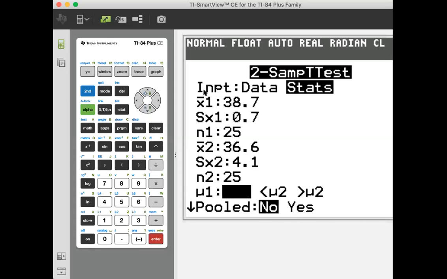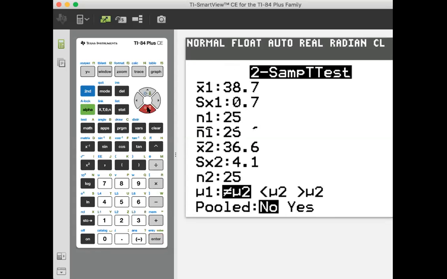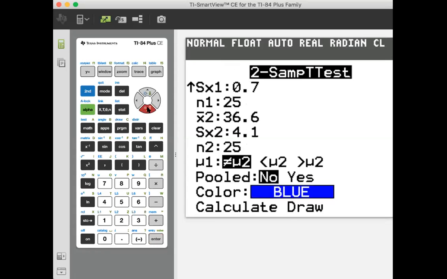They're the same, which means the difference is 0. And in all of our problems using two samples here, the assumed value of mu1 minus mu2 is equal to 0. So since it's always 0, it doesn't have to ask for that value. It assumes that it's going to be 0. And then we go down to calculate, and we hit enter.